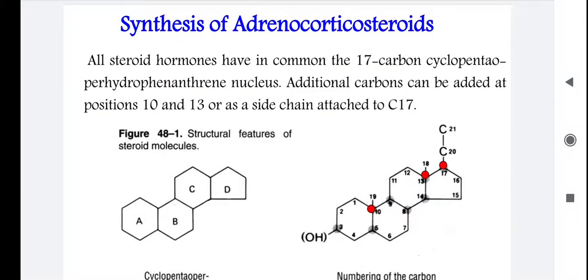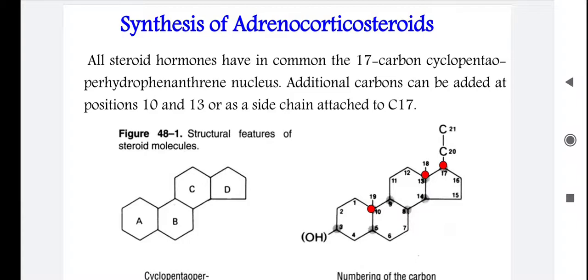Synthesis of adrenocorticosteroid hormones. All steroid hormones have in common the 17 carbon cyclopentanoperhydrophenanthrene nucleus. Additional carbon can be added at position 10 and 13 or a side chain attached to carbon 17.